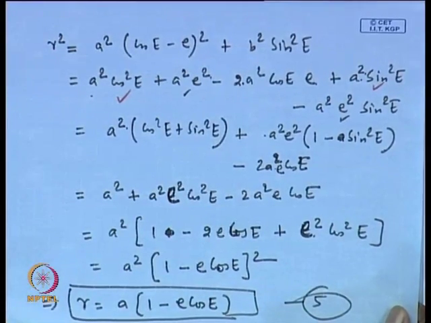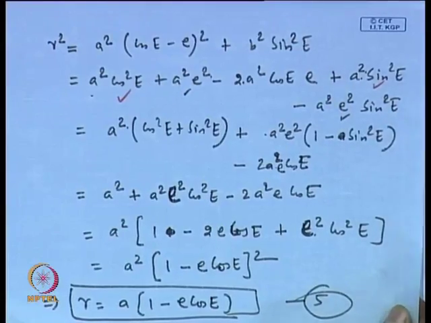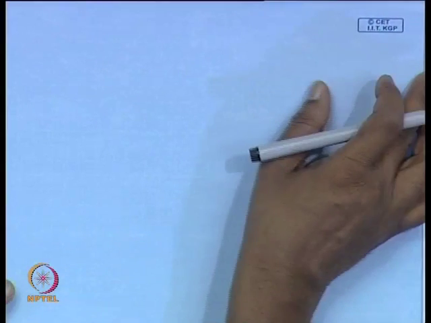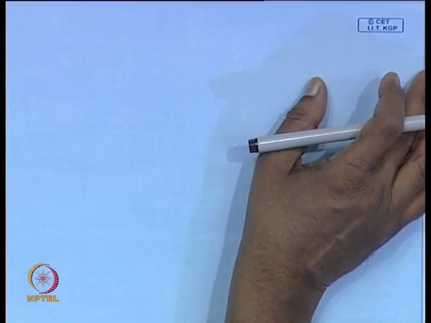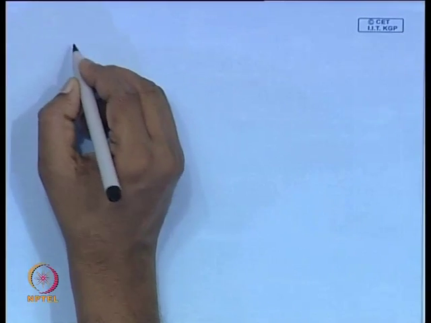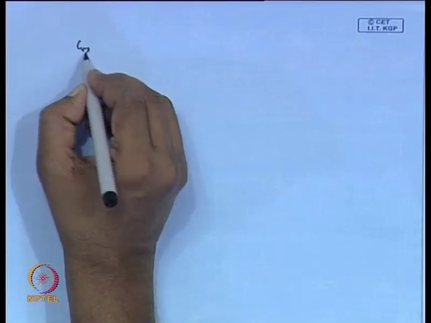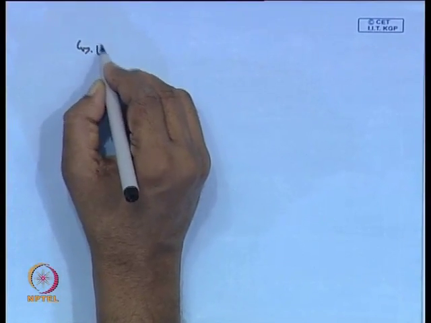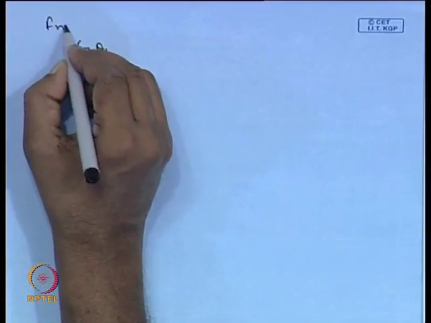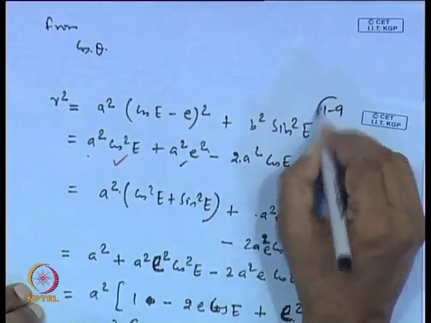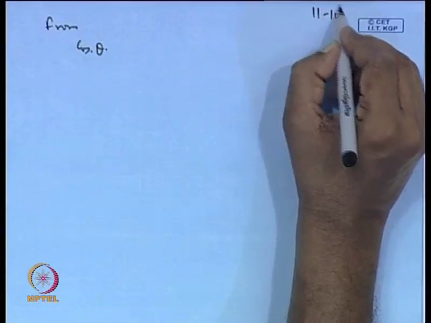Okay. So, once we have got the relationship between r and cos e, next it remains to find out theta in terms of e. So, we can see from these two equations we have written earlier. Okay. So, cos theta we can write from equation number 3, which is on page number 11.10.